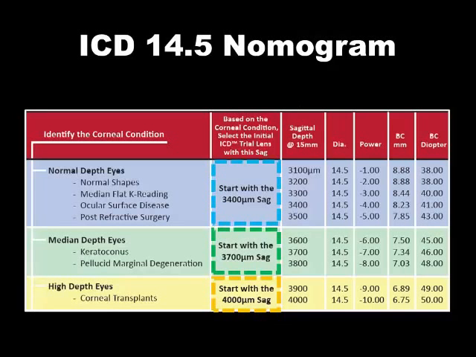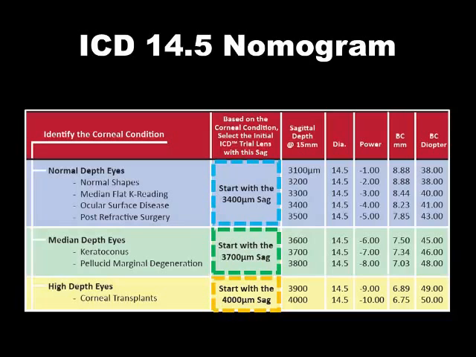You'll notice, however, the sagittal depths are slightly different. We have much lower sagittal depths, and that's because it's a smaller diameter lens. So if you have a normal cornea with ocular surface disease, a patient with high corneal astigmatism but it's regular, or a post-refractive surgery patient in the ICD 14.5, you simply go to a 3400 micron lens.